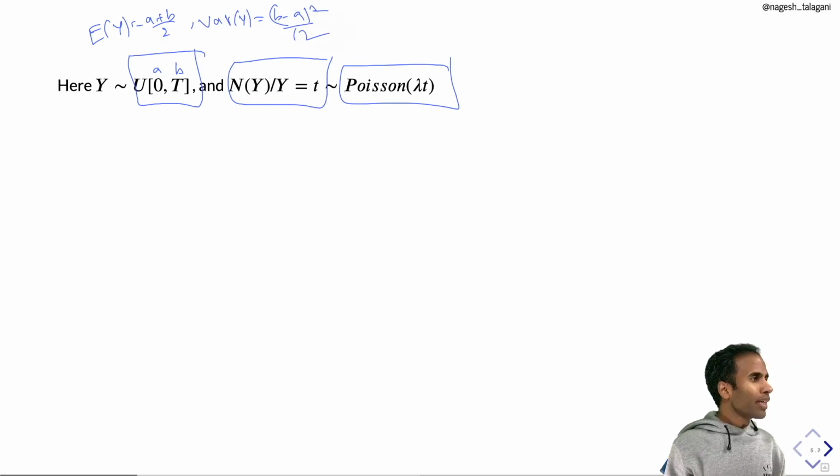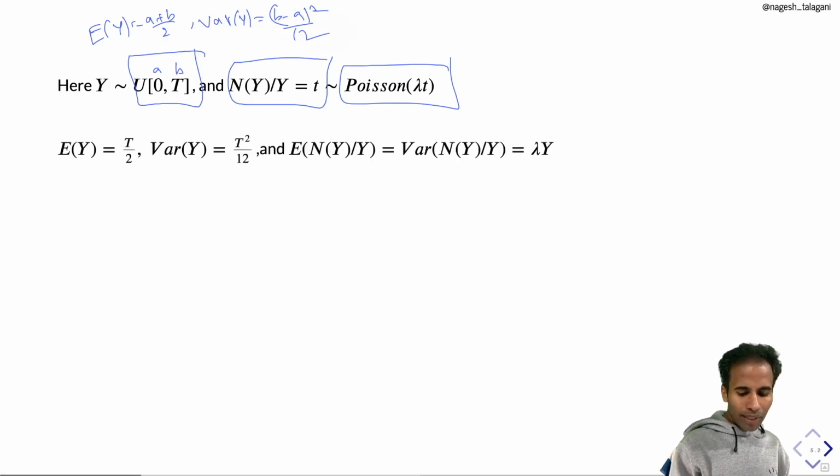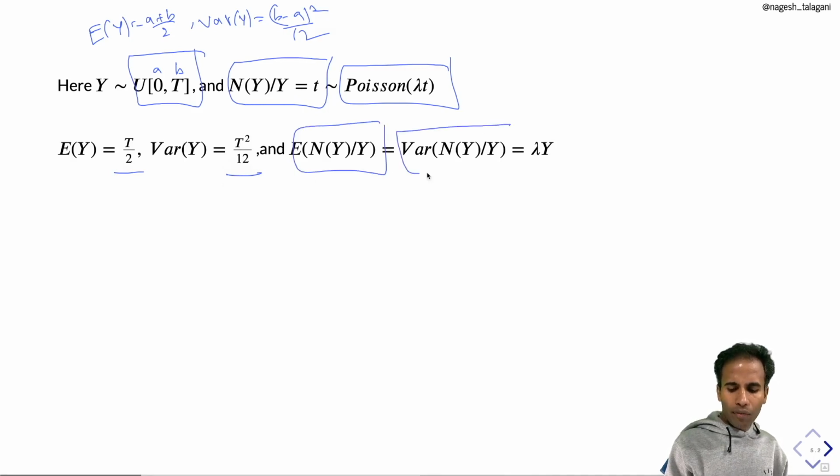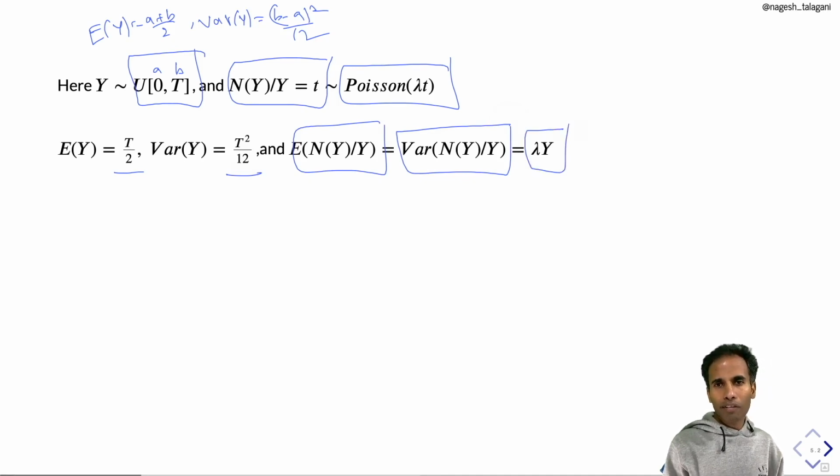So we can immediately write the expectation of Y as T by 2 and the variance of Y as T square by 12. And for a Poisson random variable, mean and variance are both equal to the parameter. So the expectation of N(Y) given Y and the variance of N(Y) given Y are both equal to the parameter lambda times Y, whatever the Y value may be.